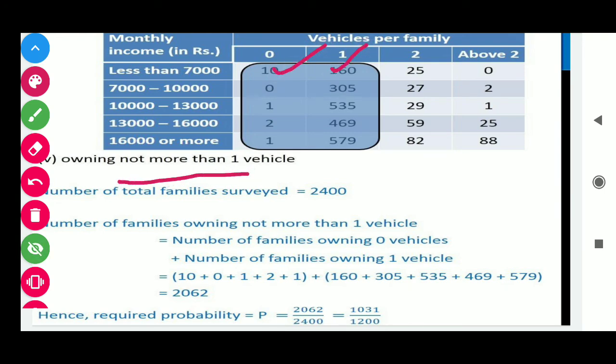So students, the total number of families is 2400, and we have to add up all these families. In this way we get a total of 2062. So students, the required probability is 2062 over 2400. By cancelling out, we get the result 1031 divided by 1200.